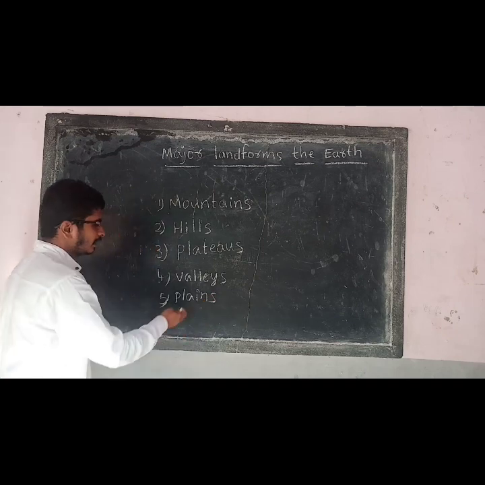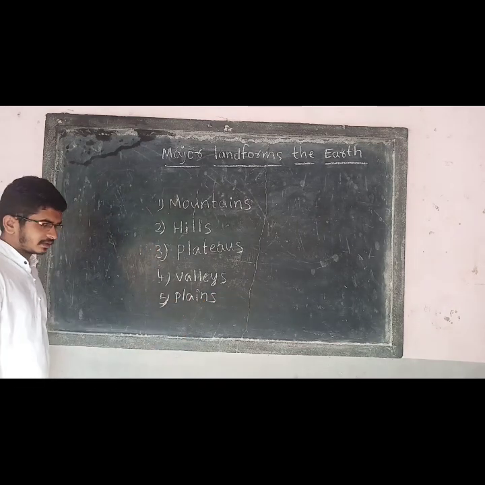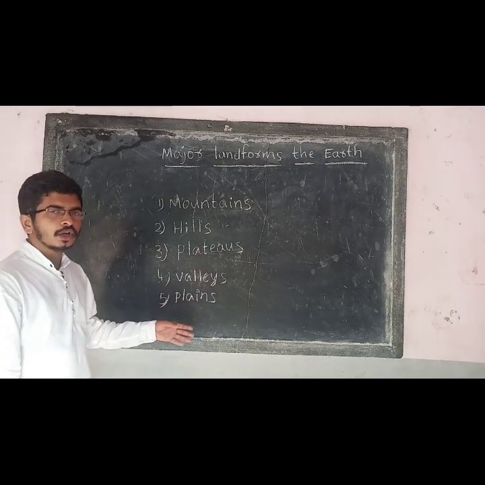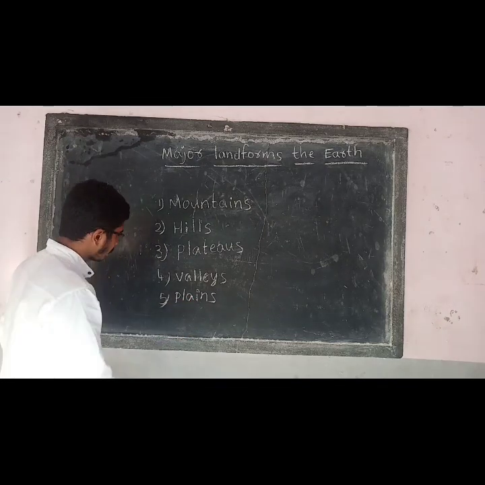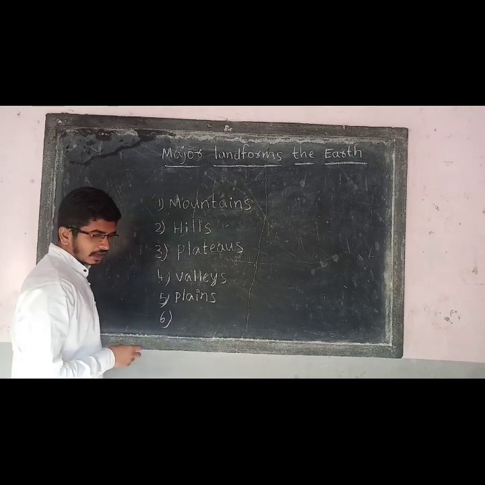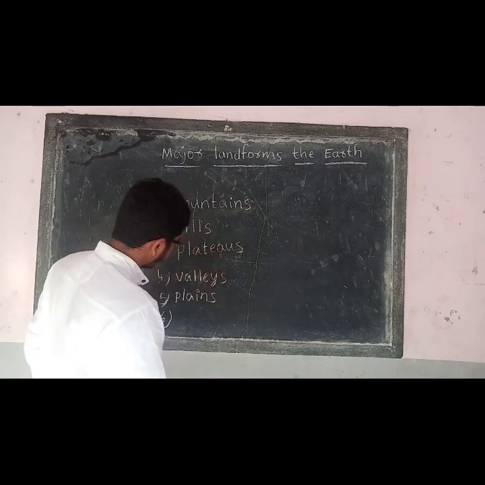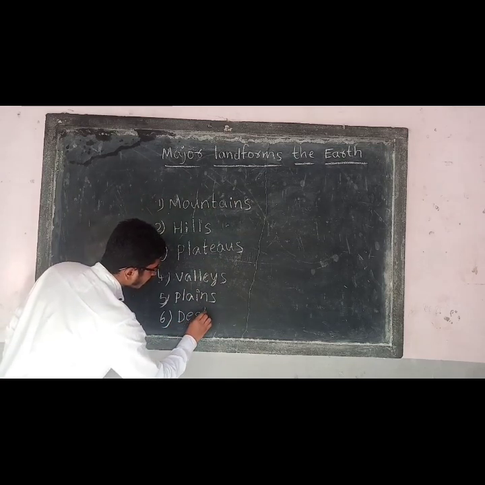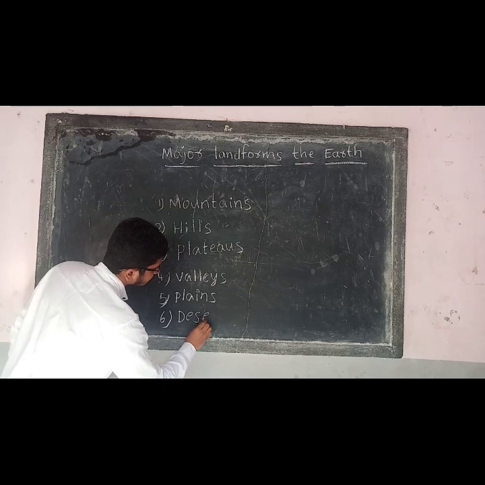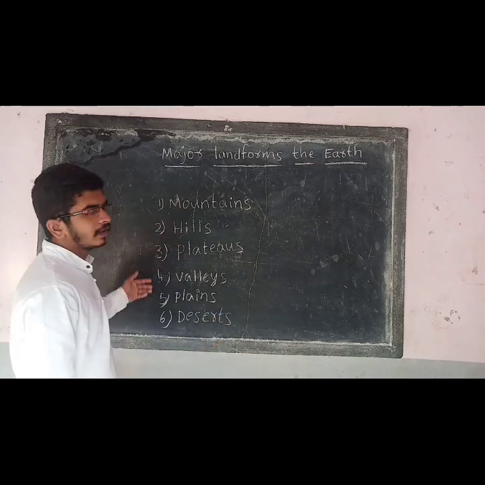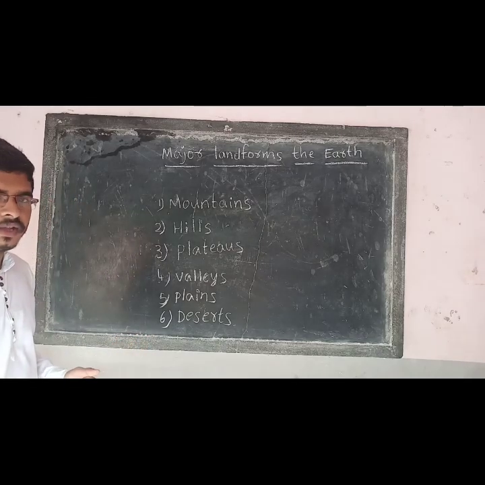Plains means mostly people live on the plains, and it is a convenient place to grow agriculture also. So now the last one is the deserts, as I said before. So these are the major landforms of the earth.